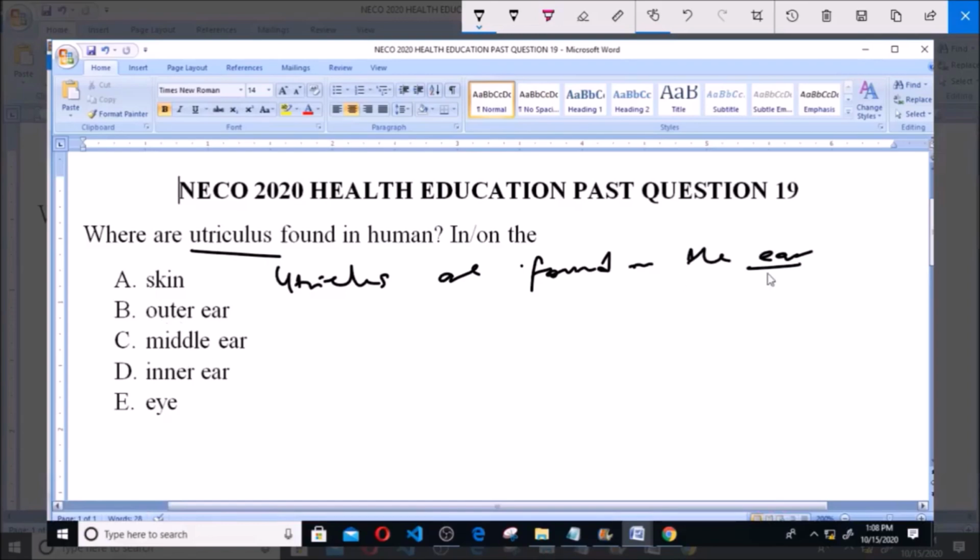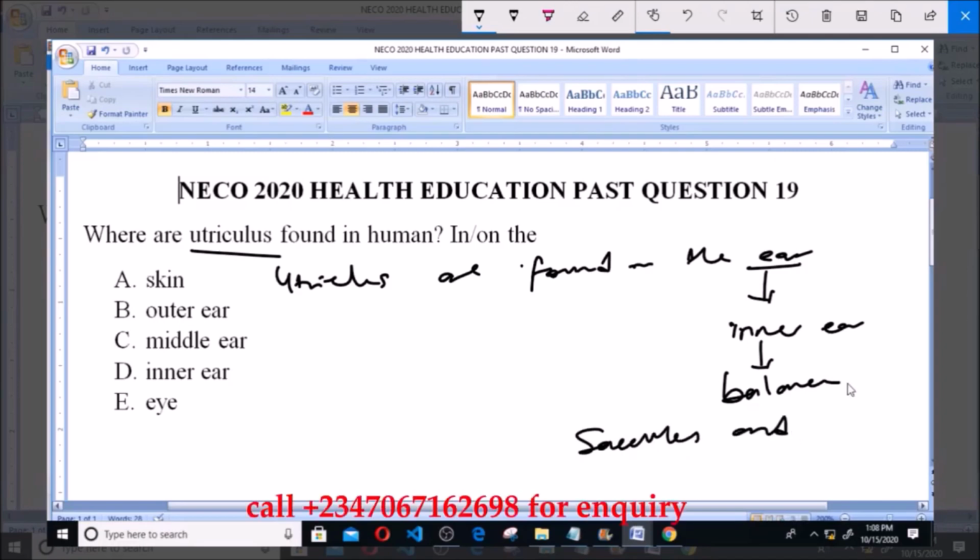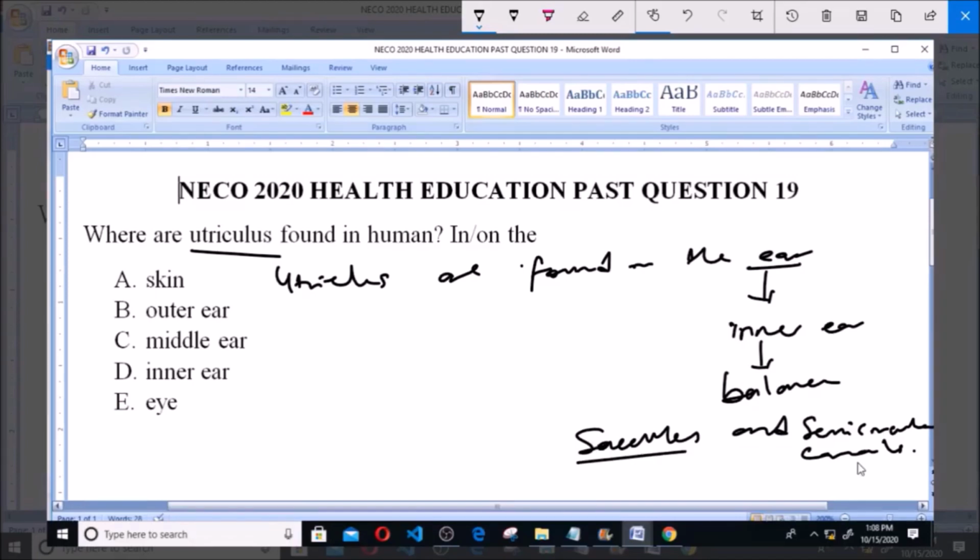To be more specific, the utricles are located in the inner ear and are concerned with maintaining balance, together with the saccule and the semicircular canals. So these utricles are actually found in the inner ear, and they are responsible for the maintenance of balance together with the saccule and semicircular canals.